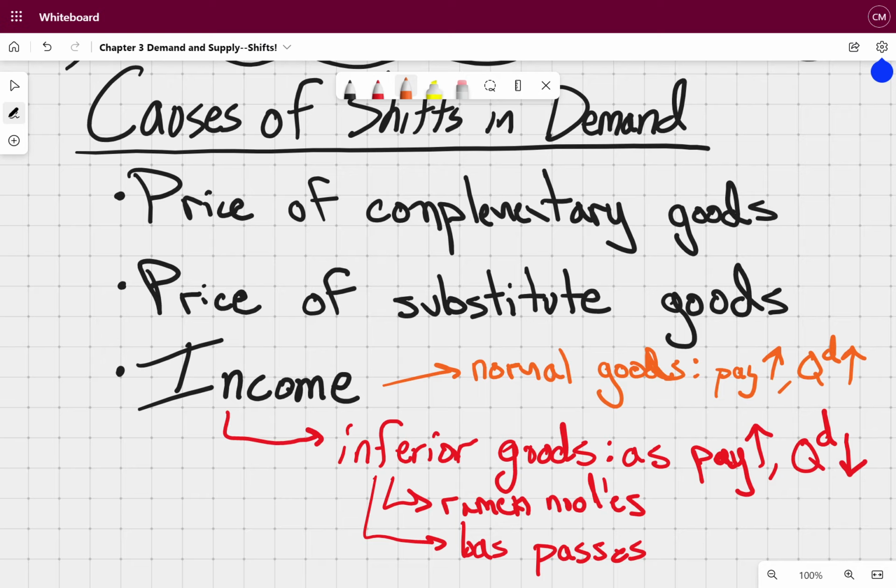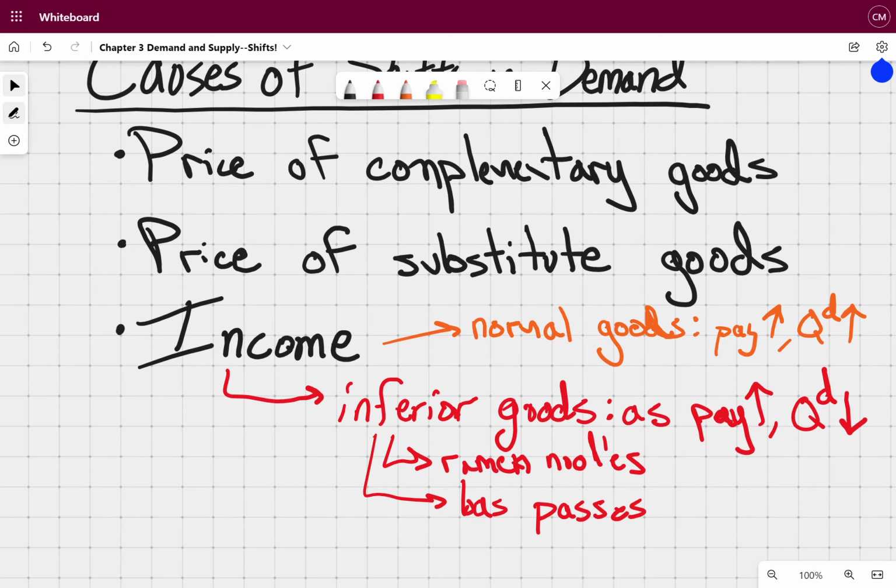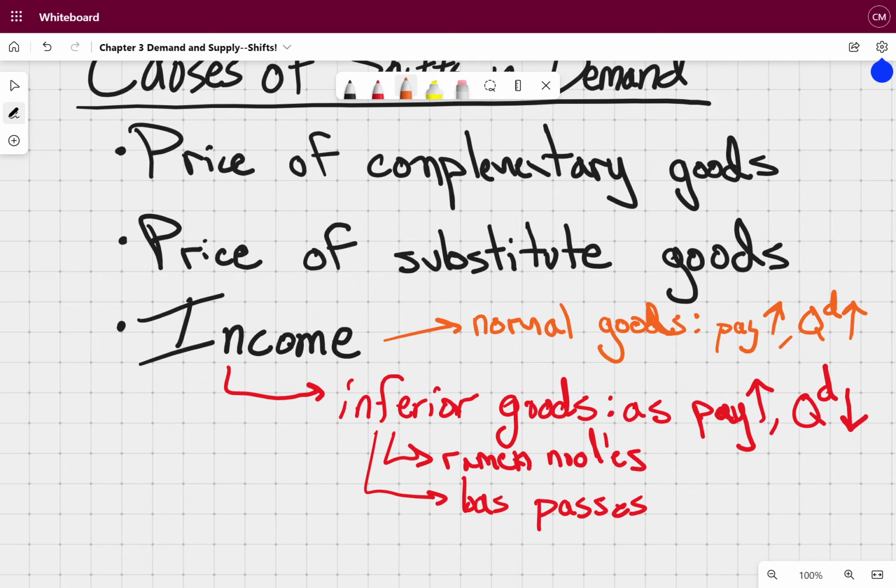So it's just important for us to keep in mind that income, it's not like a rising tide raises all boats or whatever, right? Like as your income increases, you're not just going to purchase more of the same. You're actually going to shift the patterns of your consumption. And so there are certain goods you are going to consume less of, and those goods are called inferior goods. Questions on that? Cool.